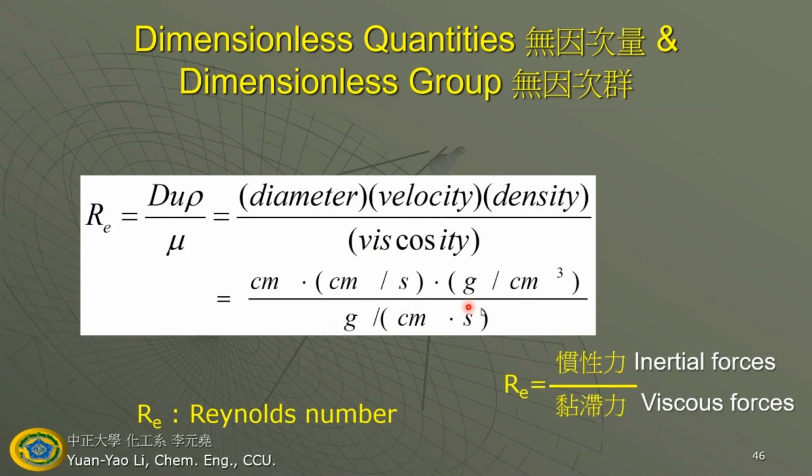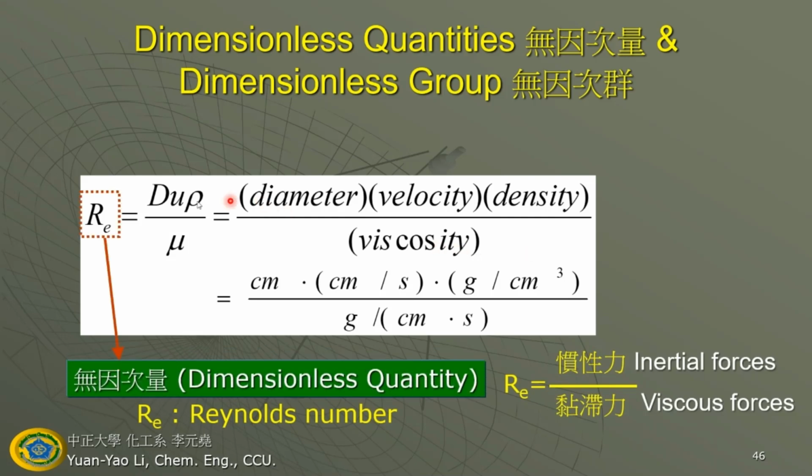So this is the unit of the viscosity. That's the answer. If I give a Kahoot question like this, this will be the answer for the unit of the viscosity. Okay?